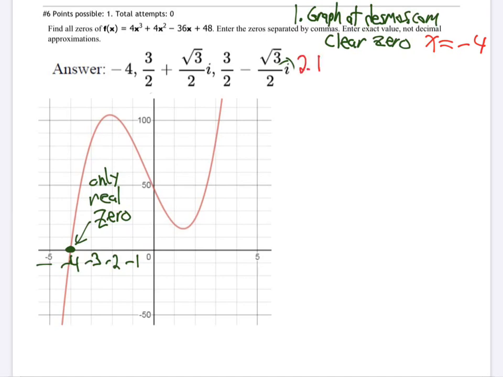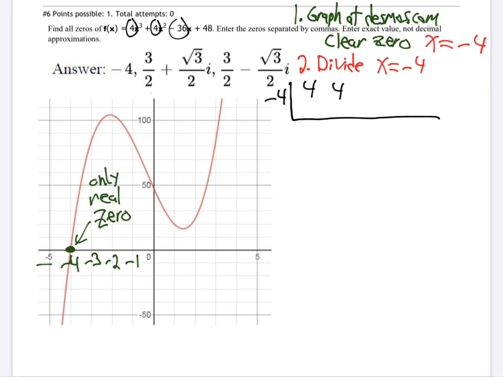Step 2, divide that in there to find the other ones. So we're going to divide the x equals -4 into our function. Let's grab the coefficients. 4, -36, and 48.